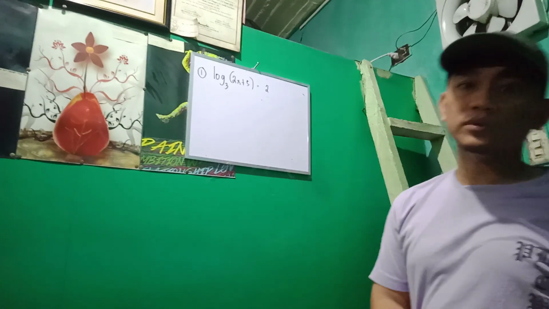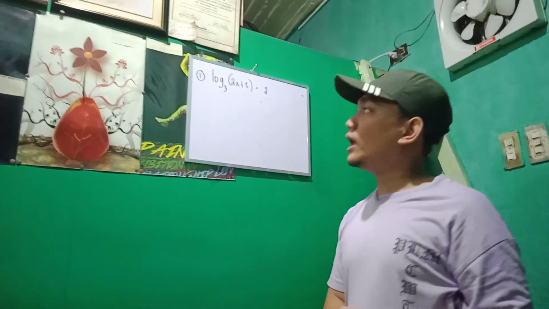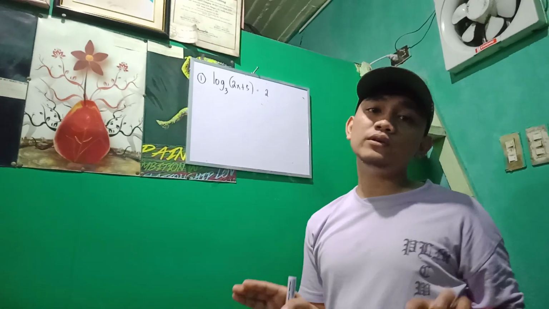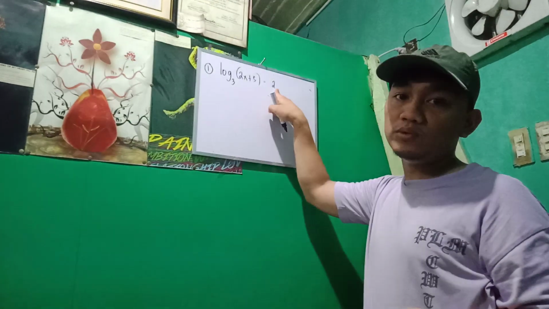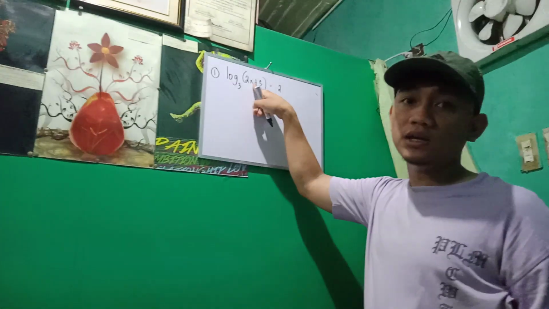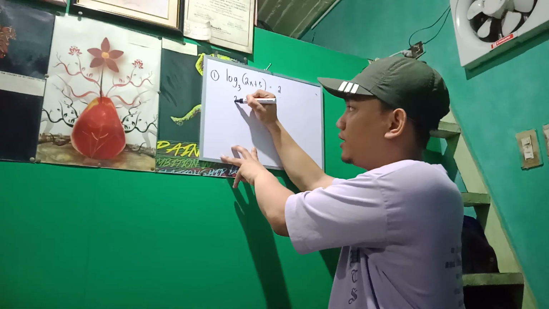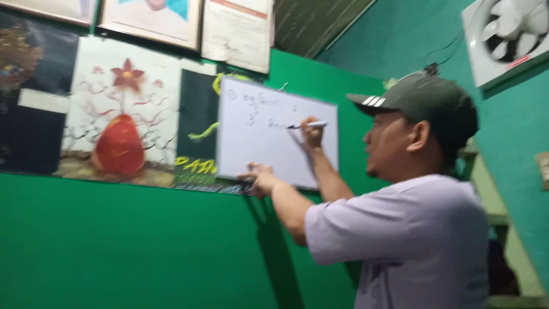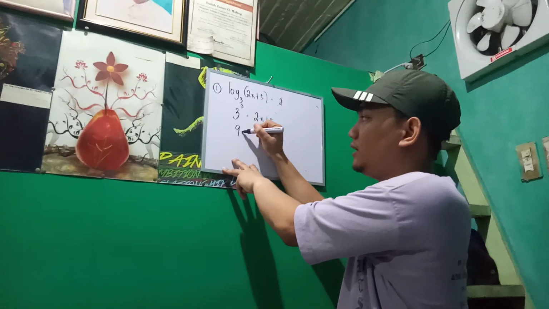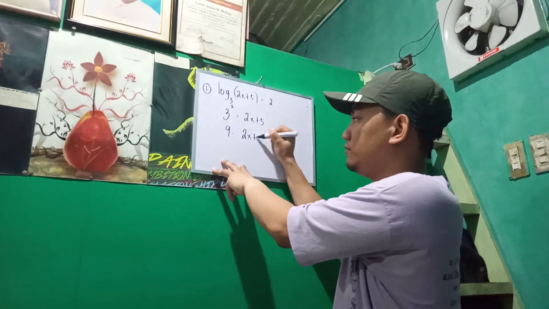So, this is just a simple example. So, what will happen? Kung naalala nyo, yung pag-convert natin exponentially, ito yung magiging exponent, ito yung magiging base, ito yung magiging equal, kung naalala. So, we have 3 squared equals 2x plus 5. We have 9 equals 2x plus 5.